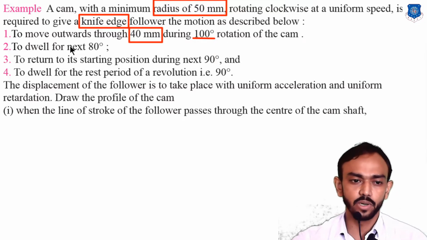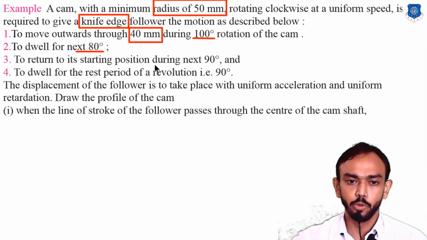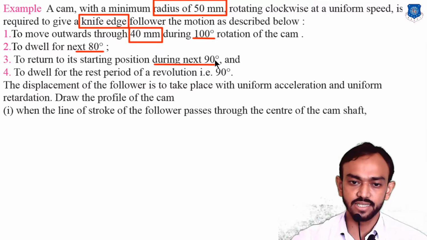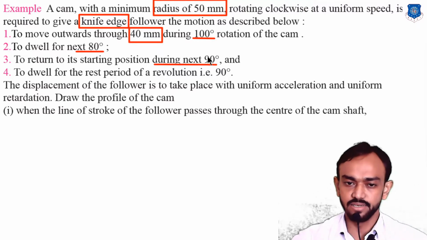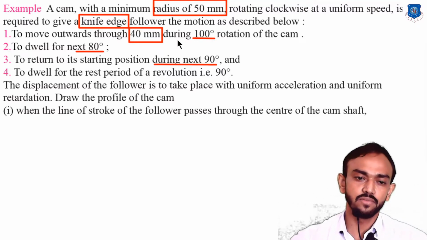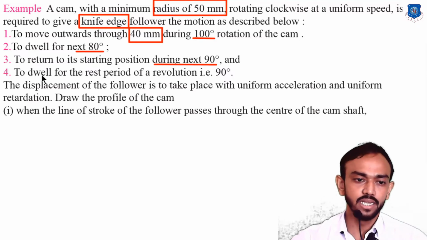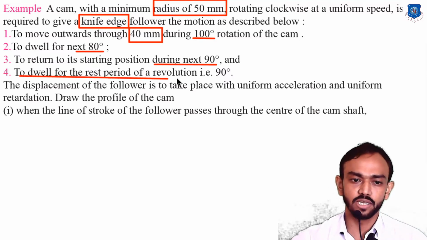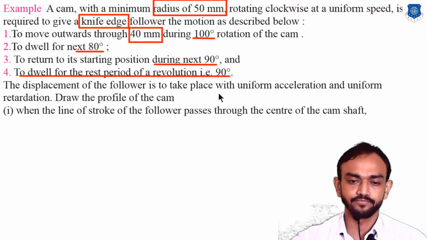Then for the next 80 degrees the follower will dwell, at the same position at the top, which is dwell theta 2. Return starts during the next 90 degrees, and the distance it covers is 40 mm. Then dwell for the rest of the period.